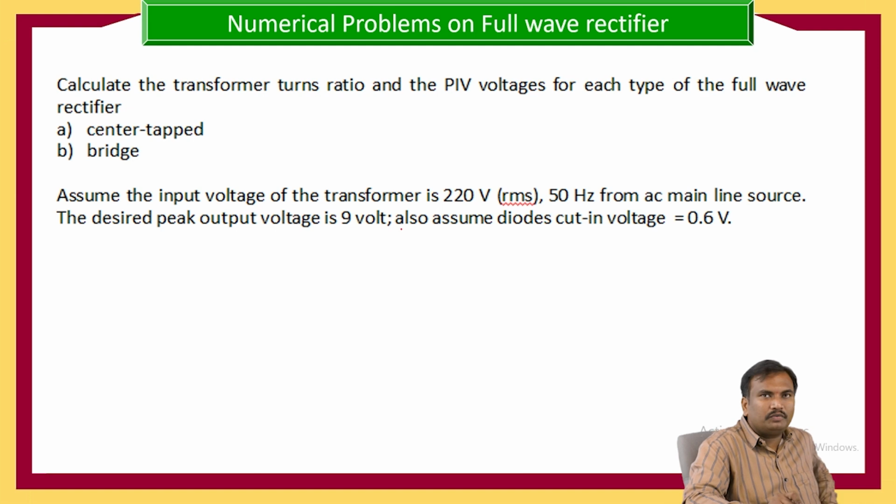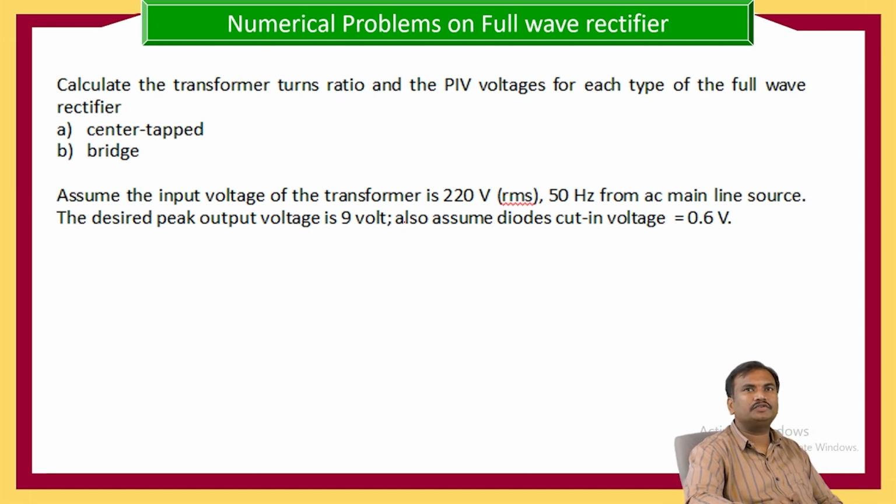Assume the input voltage of the transformer is 220 volts, 50 Hz from the AC mains line source. The desired output voltage is 9 volts. Also assume the diode's cut-in voltage is 0.6 volts.